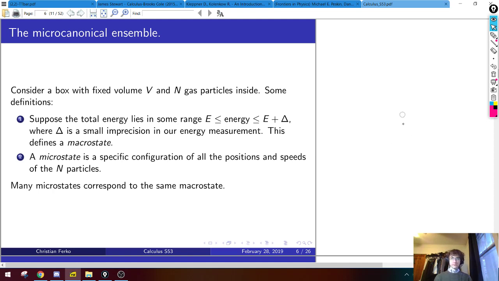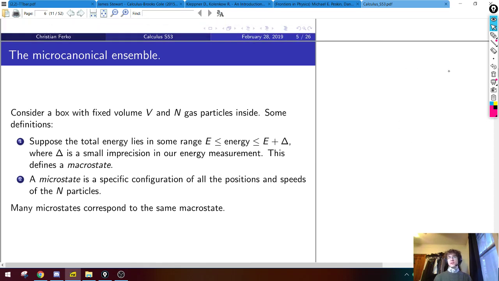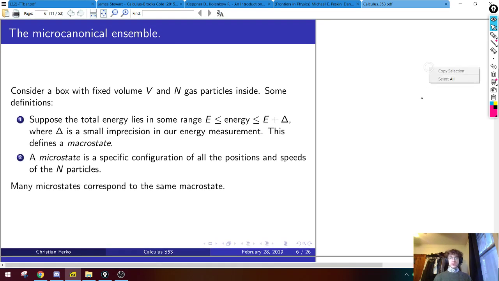But good. Okay, so let me give you a caricature of what you would do in the beginning of a thermo class in physics or chemistry. So the first thing you normally learn in a class like this is something called the Microcanonical Ensemble, which is a very fancy word for something which is actually much simpler. So all this is, you consider you have some box.